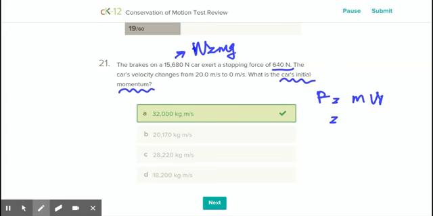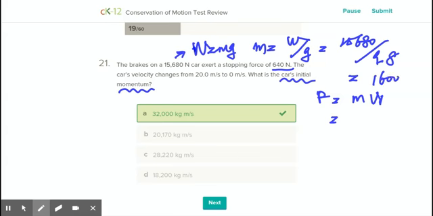So in order to find your m, you can use the weight divided by g, which is 15680 divided by 9.8, equal to 1600. And then you use 1600 multiplied by the initial velocity, which is 20, and you get A, 32,000.